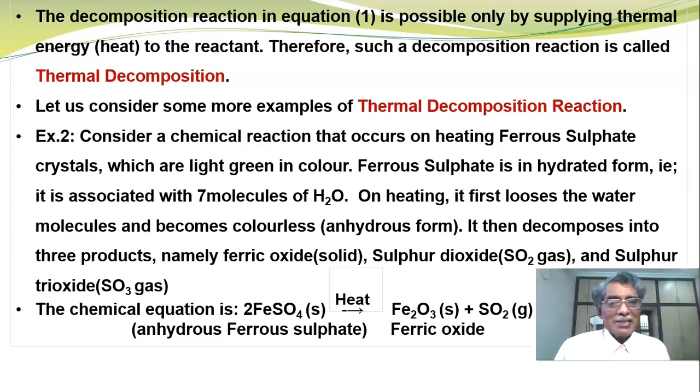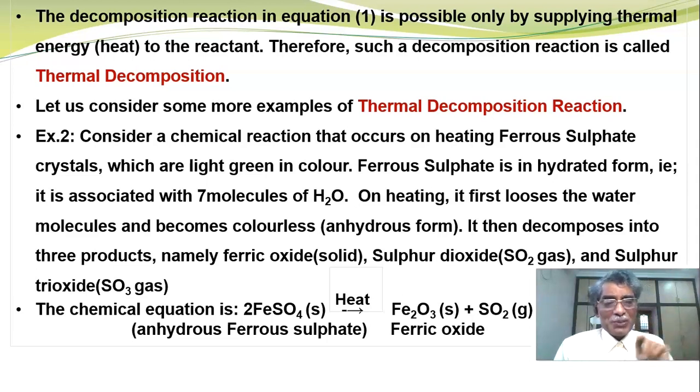Now, let us consider some more examples of thermal decomposition reaction. Consider a chemical reaction that occurs on heating ferrous sulfate crystals, which are light green in color. Ferrous sulfate is in hydrated form, that is, it is associated with 7 molecules of H2O. On heating, it first loses the water molecules and becomes colorless, that means anhydrous form.